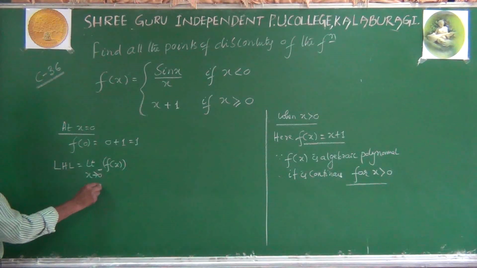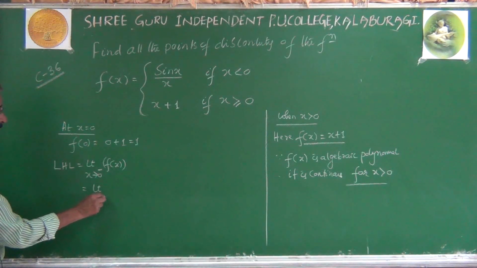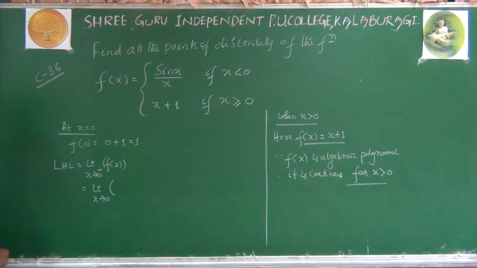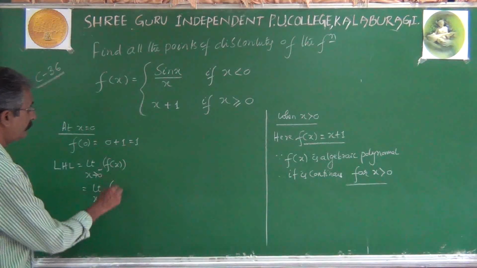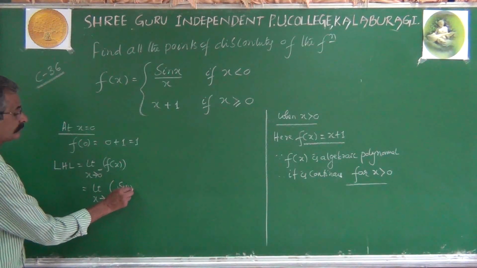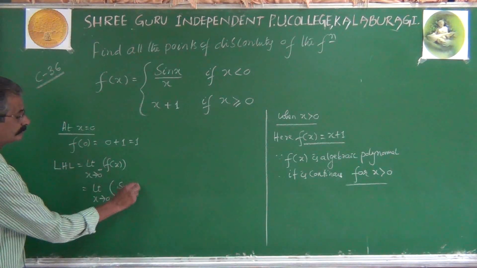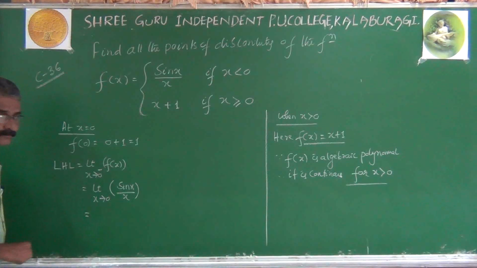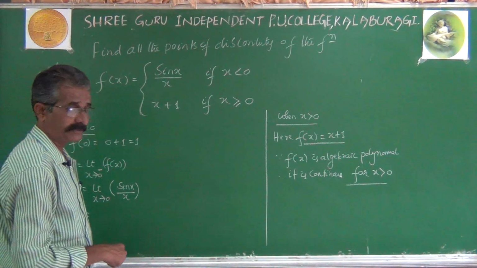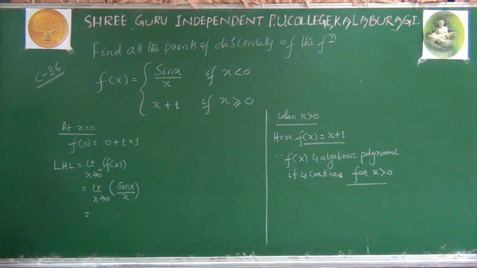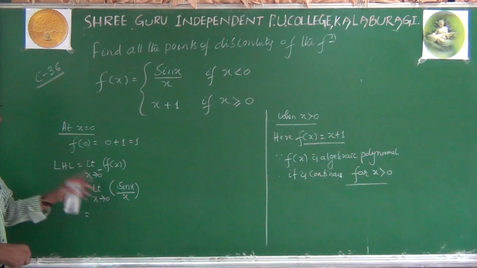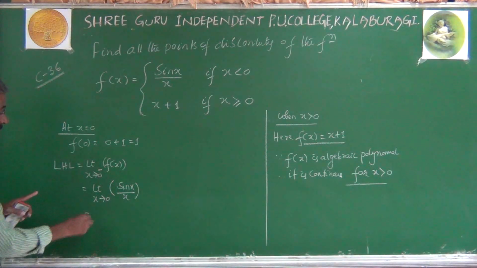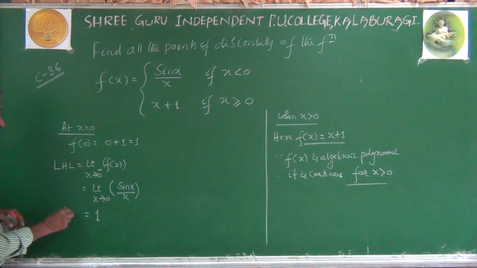That is, 0 minus means less than 0. Whenever x is less than 0, the function is sin x by x. By a well-known standard theorem of PUC first year, by the Sandwich theorem, we know that limit of sin theta by theta always equals 1. So now it is 1 by the standard theorem.